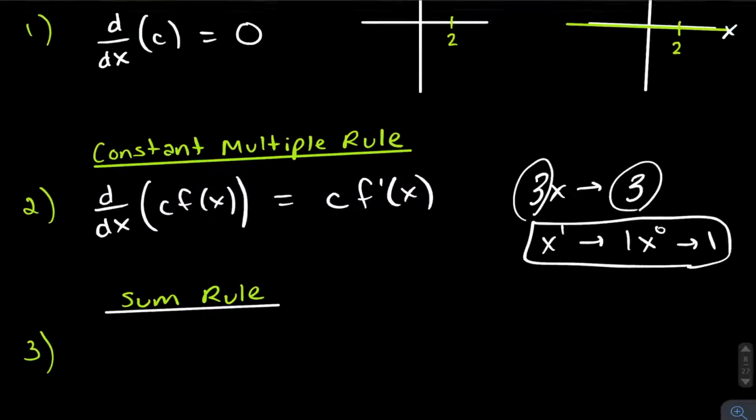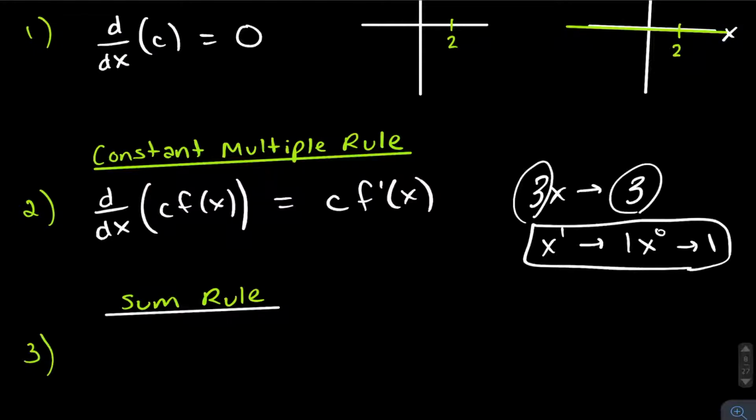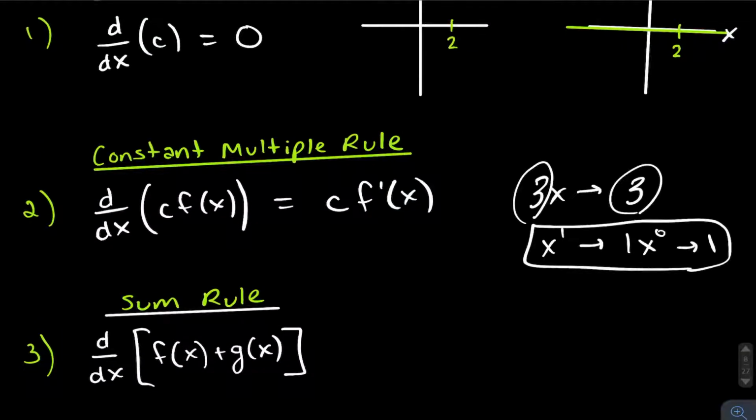Now what about the sum rule? The sum rule tells us that if we take a derivative of two functions that are being added together, so f of x plus g of x, this is actually going to be equal to f prime of x plus g prime of x.